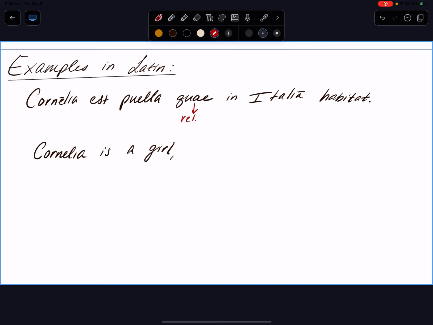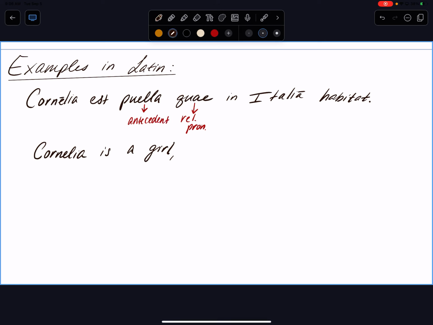I'm going to just abbreviate relative pronoun. And so that means puella then is my... it goes before, so what is it? Oh, antecedent. It's the antecedent. That was really loud. Okay.